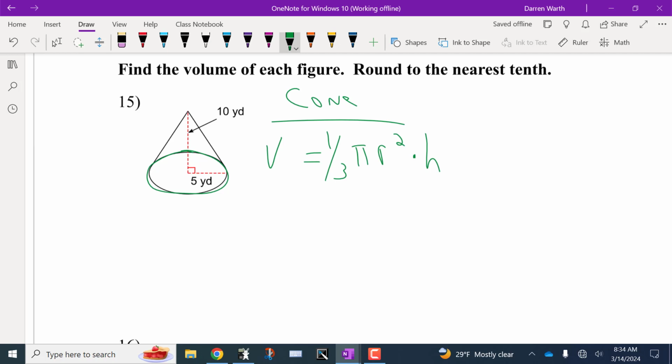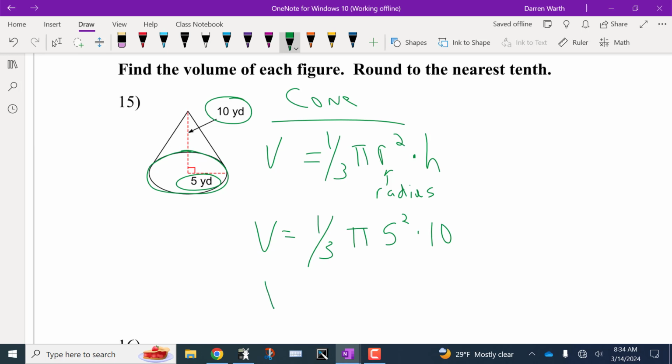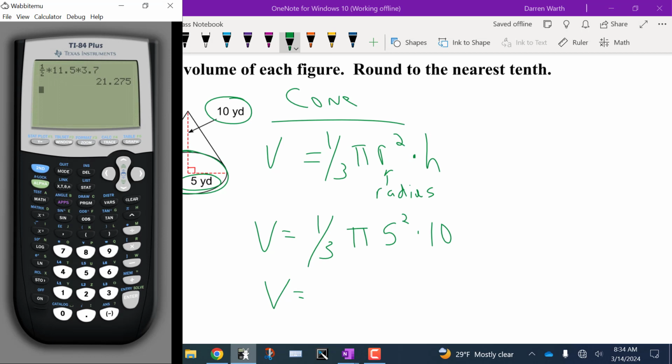Just remember this r is your radius. And the radius is given to us. It's right here. Radius is your 5. So I got volume equals 1/3 pi times 5 squared times your height. And this height is going to be 10. So let's put that into your calculator and find out what the volume of that cone is.